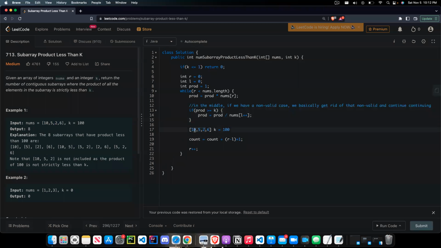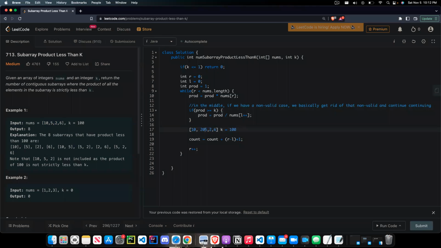And so as soon as we shrunk the window, it became valid, right? But suppose it didn't become valid. Suppose there was a smaller subarray that as soon as you shrunk, you had to shrink again, right? That's what I'm trying to say.